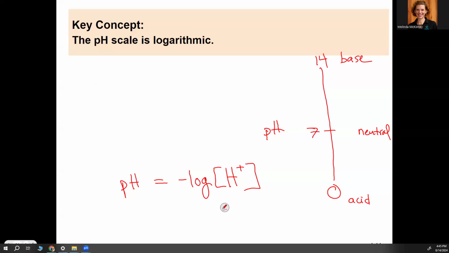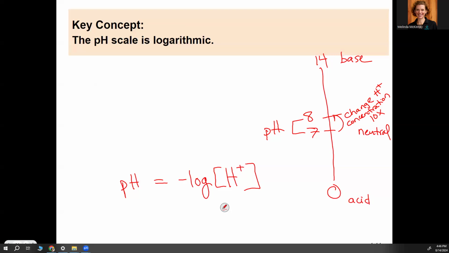If you go from one number to the next, you're actually going to change the concentration of hydrogen ions by a factor of 10. So if you go from a pH of 7 to 8, you are going to change the hydrogen ion concentration 10 times. So this is a logarithmic scale, log base 10. With every unit change, you're going to go 10 times.